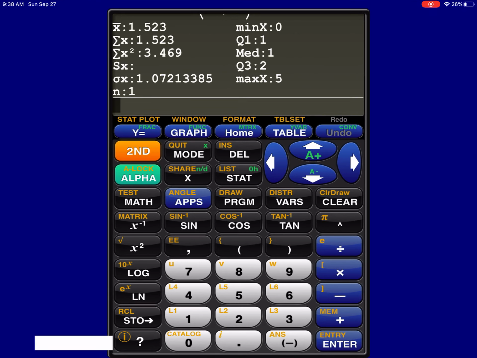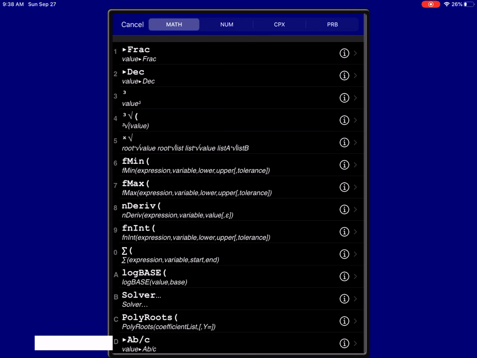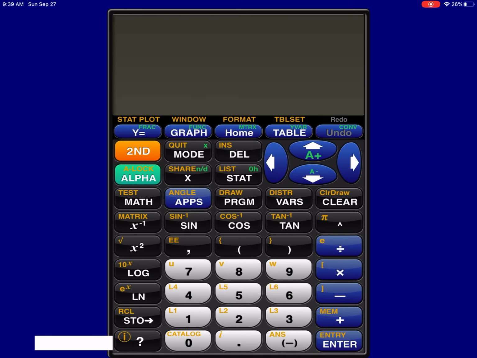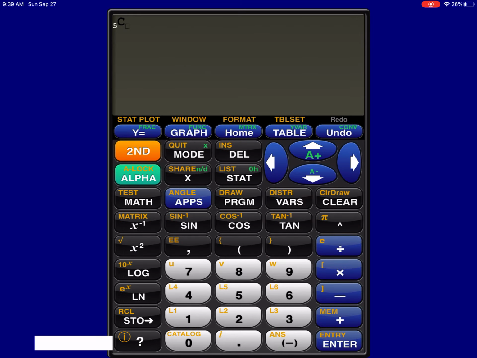That calculator feature is under math, so we want to go math, PRB, which is probability. So what we want to do first is type in the 5, click math, PRB, and then do NCR, which is the third option here, and then type in 3.